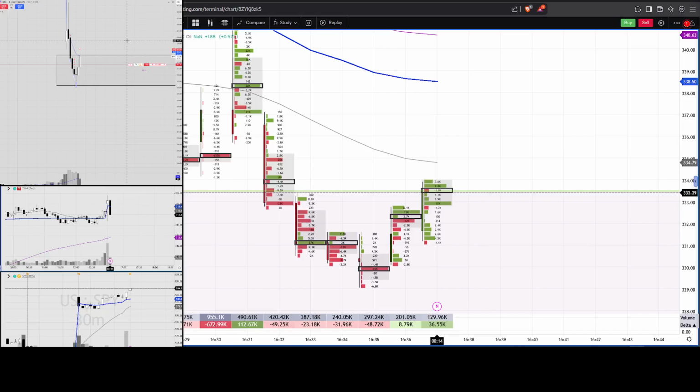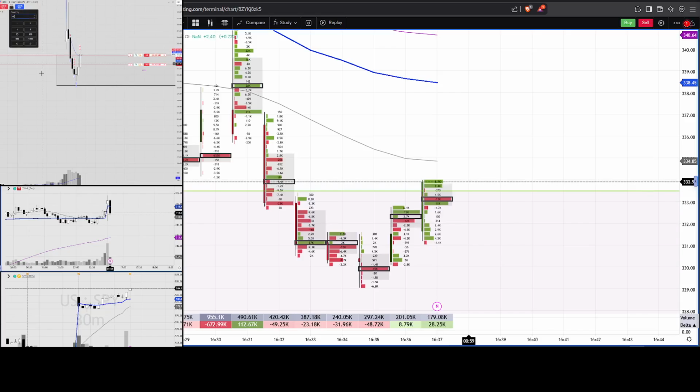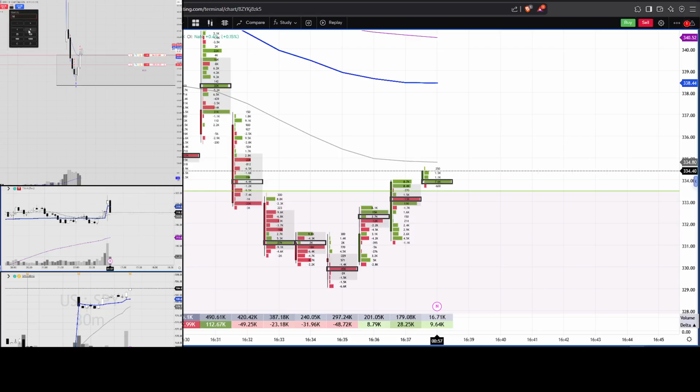Buyers showed very nice strength, but failed at a level where I did not expect them to. Also, I need to reduce the size I'm taking, it is very dangerous.